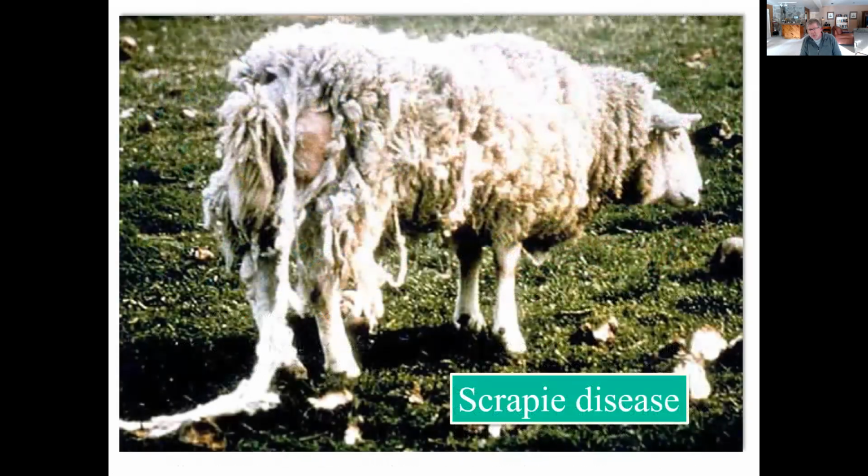In sheep, one of the first external symptoms of prion disease is where the sheep begins to rub itself on a fence post or on a tree because it itches. It's a very irritating surface of the body, and you can see how the fleece is beginning to wear off, and so you get this disease called scrapie.